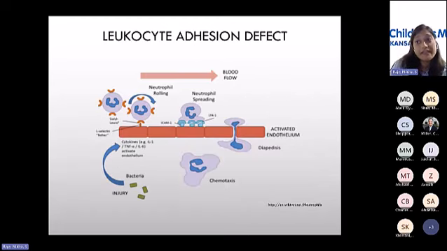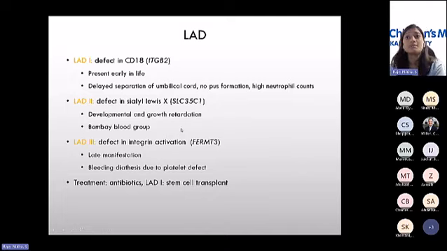Patients can have leukocyte adhesion defect, where the adhesion molecules on their surface may be defective, because of which they cannot get to the site of infection, so they are trapped in circulation. These patients can have either of these types, LAD type 1, 2, or 3. LAD type 1 is the typical one we hear about, with delayed separation of umbilical cord, no pus formation, but they have high neutrophil counts.